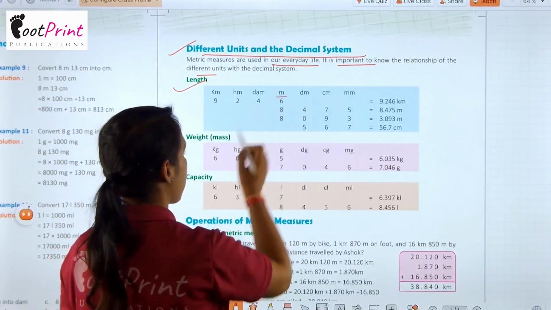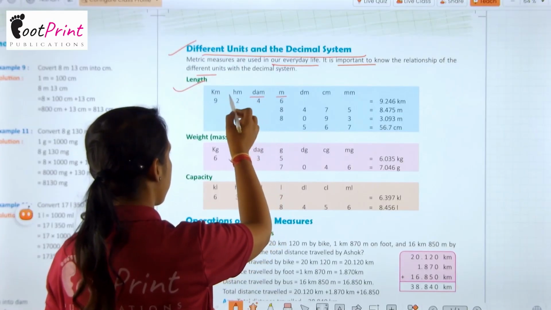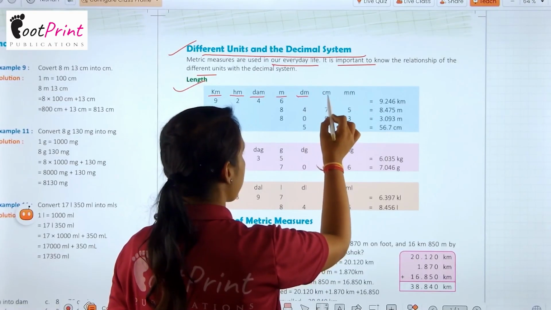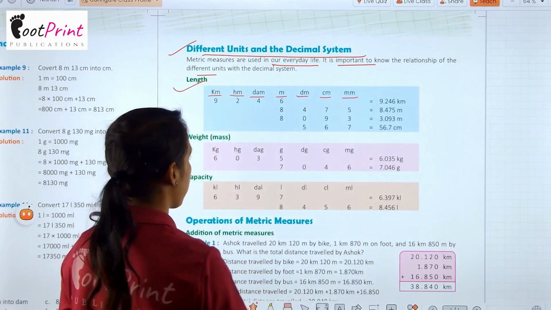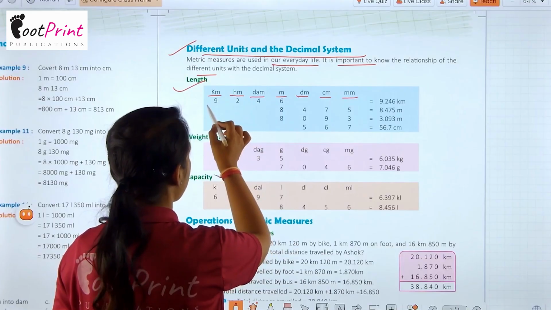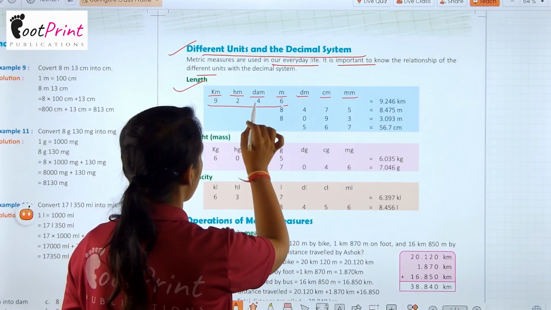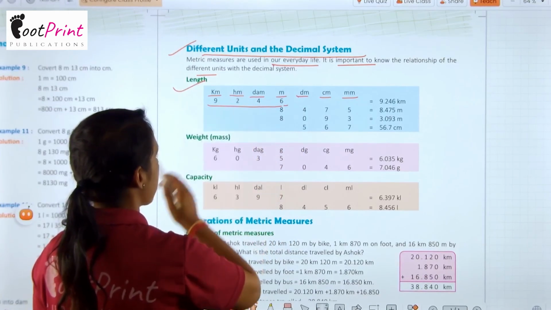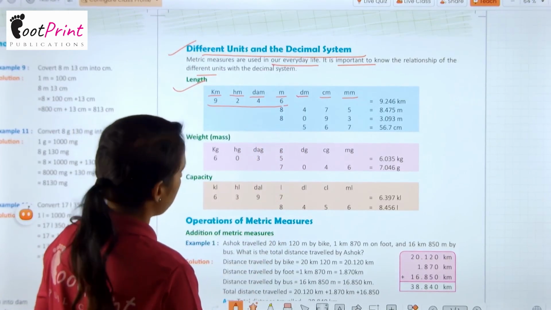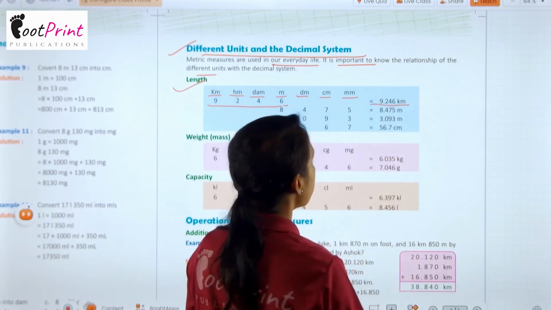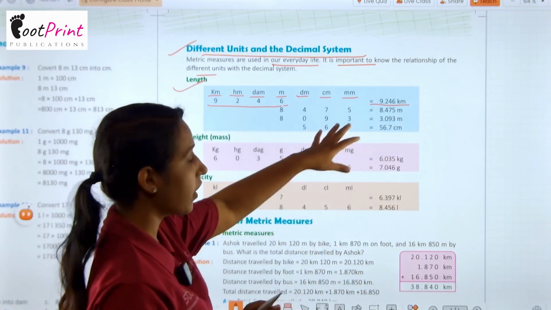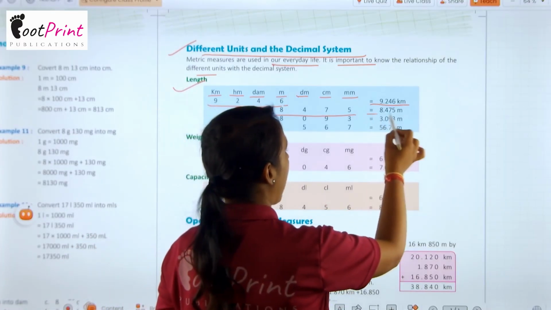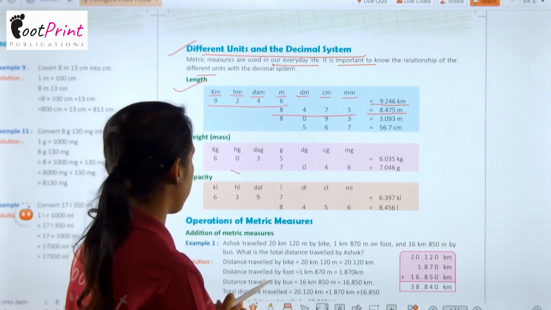Here meter is our standard unit, then decameter, hectometer and kilometer, and decimeter, centimeter and millimeter. So how do we write it? Here we have 9, 2, 4, 6: 6 in meter, 4 in dam, 2 in hm and 9 in kilometer. So we have 9.246 kilometer if we are writing it in kilometer. In the same way, if we are writing it in meter, we have 8.475 meter.